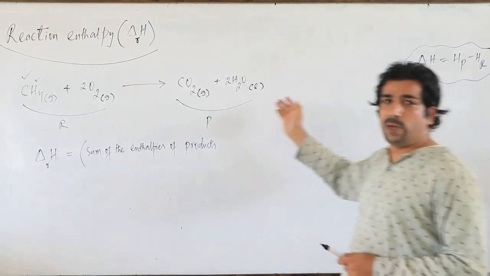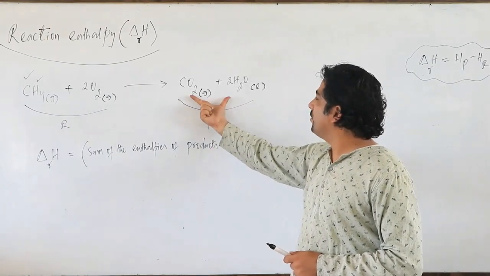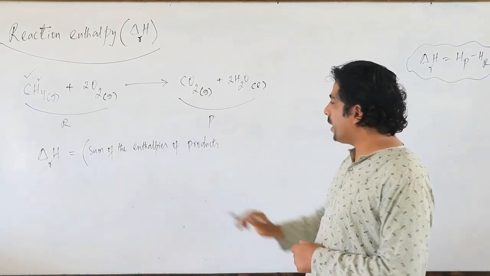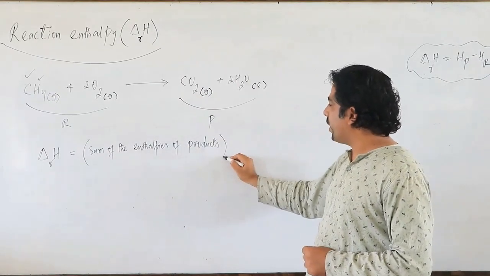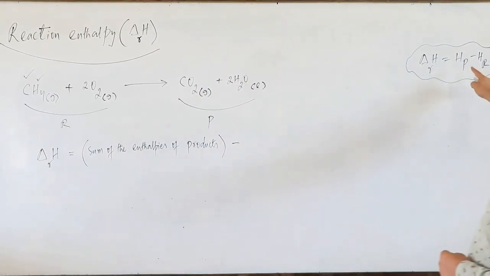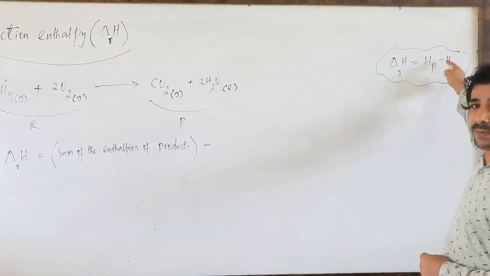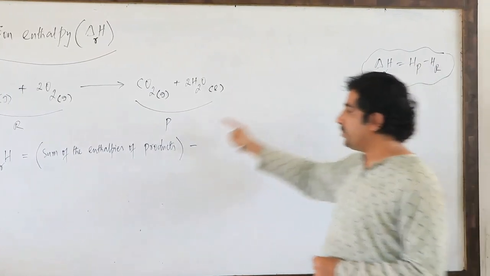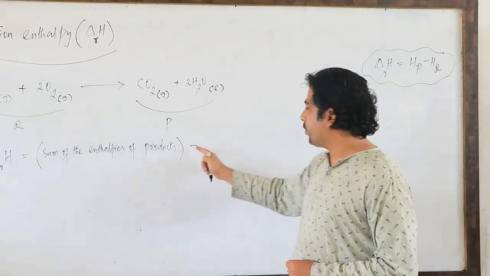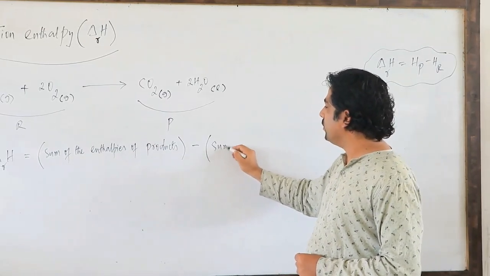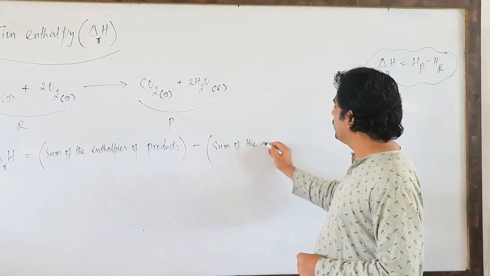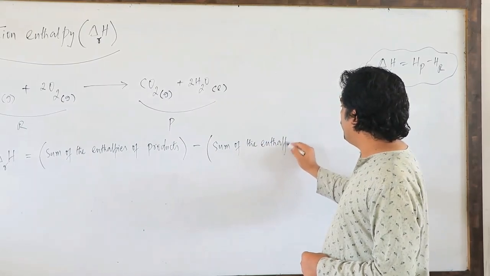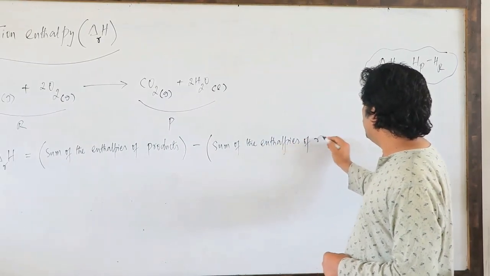And here we don't have only one product, we have many products here. So I will write down sum of the enthalpies of products minus the sum of the enthalpies of reactants.